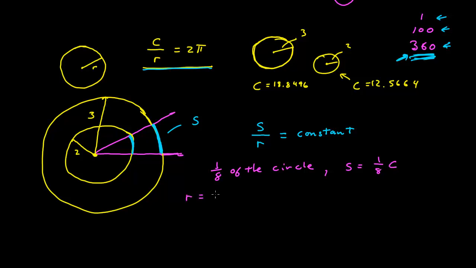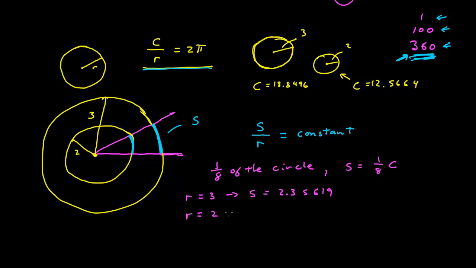So for the radius equal to 3, the arc length would be 2.35619. I'm giving myself some ridiculous number of significant figures.